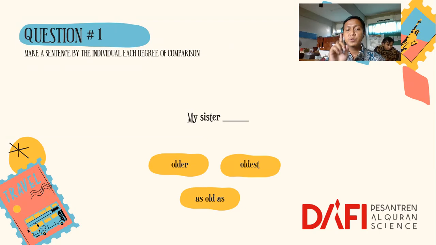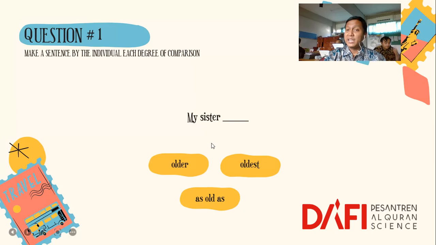This is very specific for the superlative degree. And the last one is the positive degree, always use as blah blah blah as. The adjective stays the same, no change, especially for positive degree.